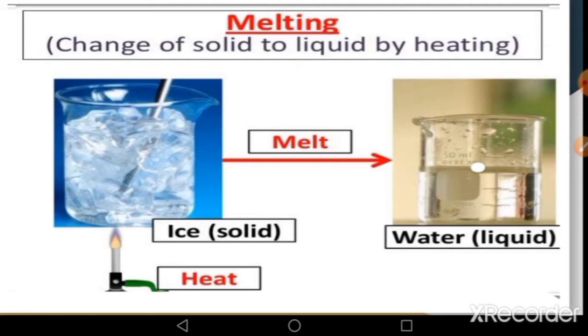This is what is meant by melting. As we keep heating, the ice cubes gradually become smaller and smaller and turn into water. This change of state is referred to as melting, and it is a change of state from solid to liquid.